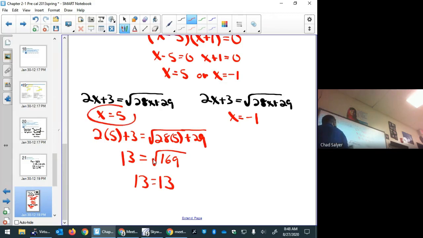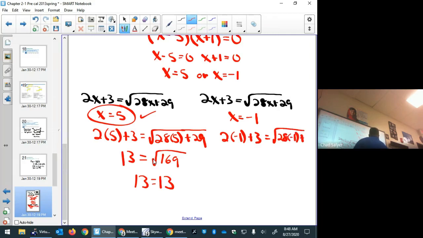This one is a valid solution. With the other, x equals negative 1, 2 times negative 1 plus 3 has to equal the square root of 28 times negative 1 plus 29. So 2 times negative 1 is negative 2. Plus 3 is positive 1. 28 times negative 1 is negative 28. Plus 29 is 1. So this one also checks out.